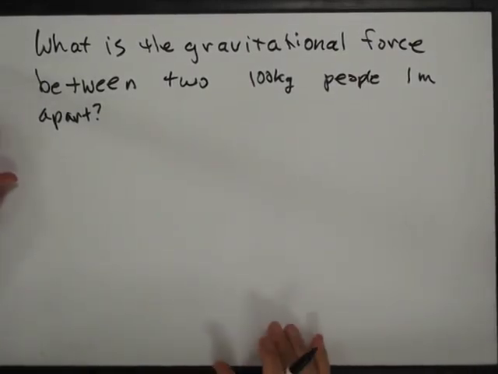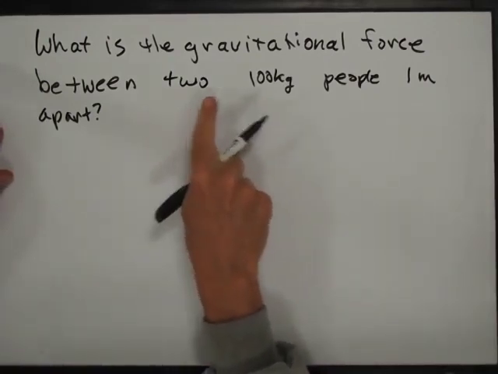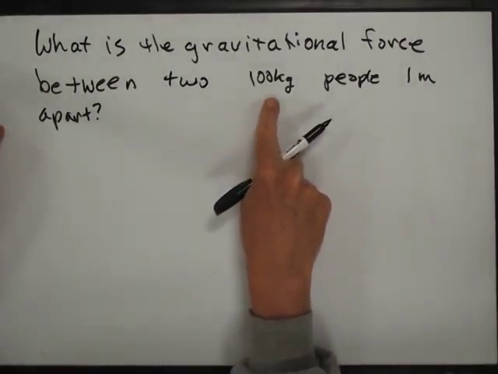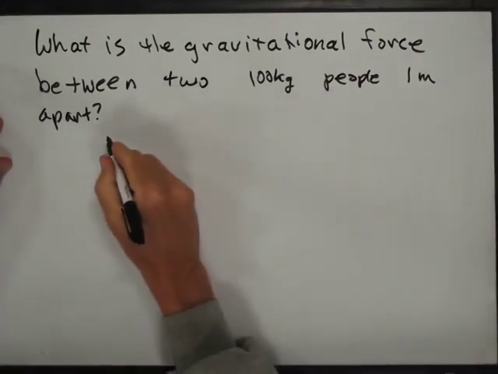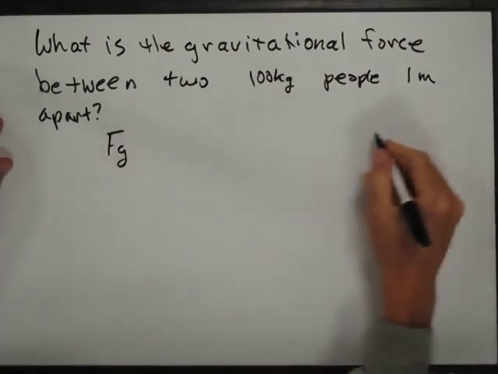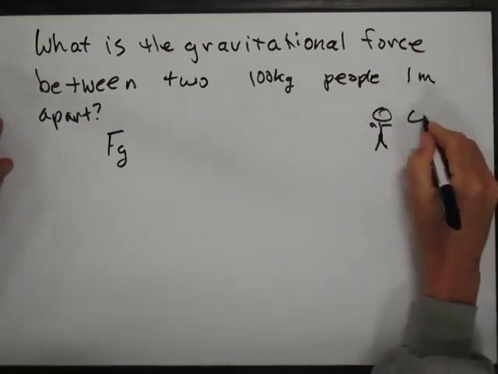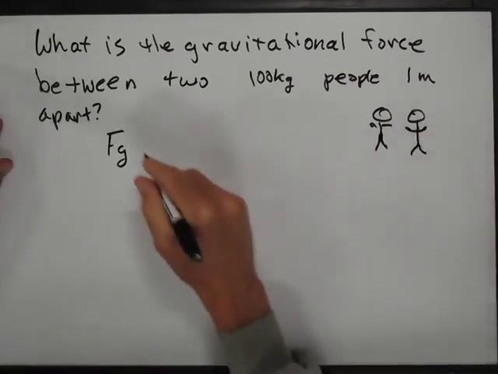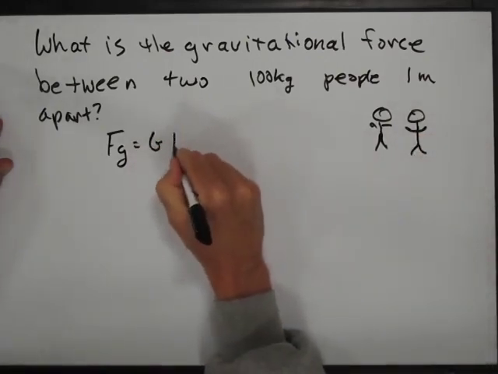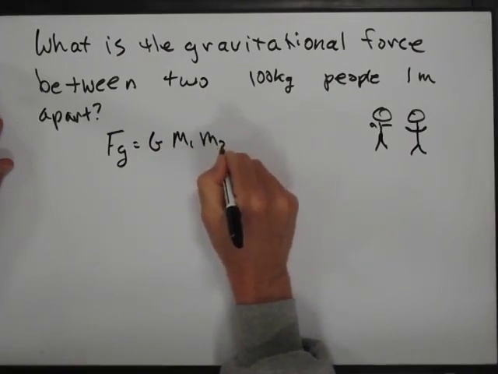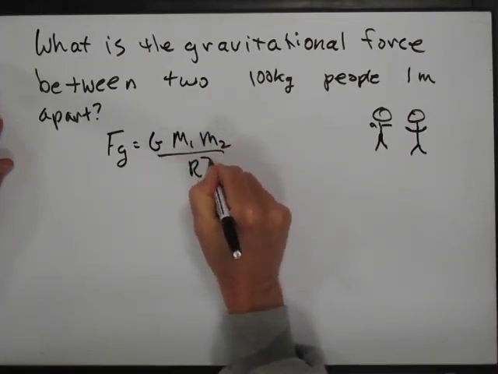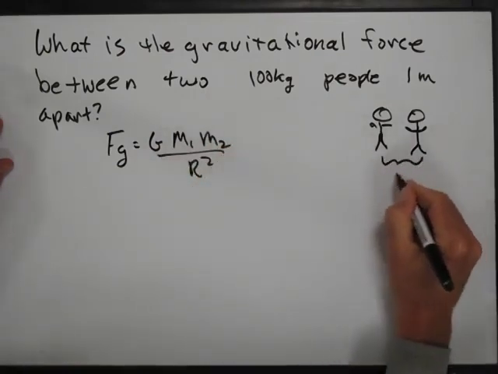So we can use Newton's law of universal gravitation to calculate the force between two people each of mass 100 kilograms, 1 meter apart, right? The force of gravity. So here are my two people. Say they're 1 meter apart, is G times the mass of one times the mass of the other over r squared, where r is the distance between them.